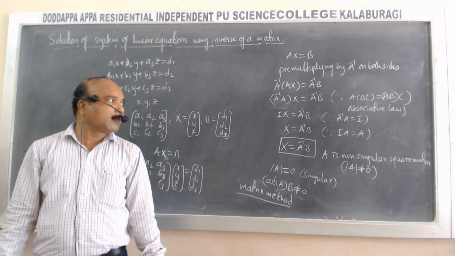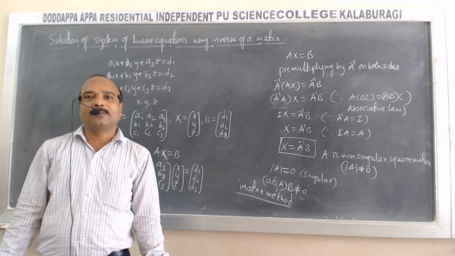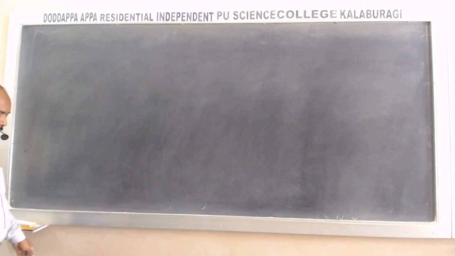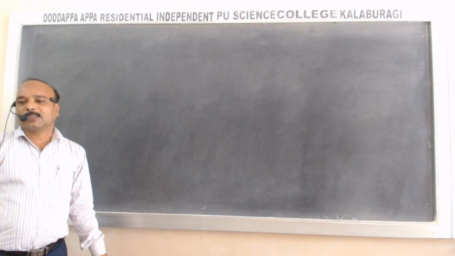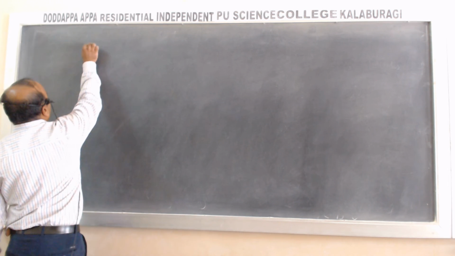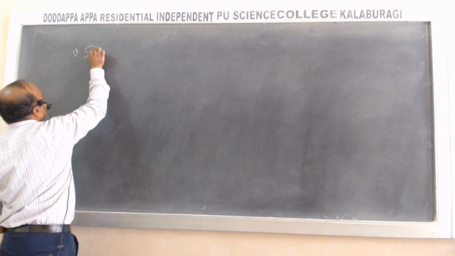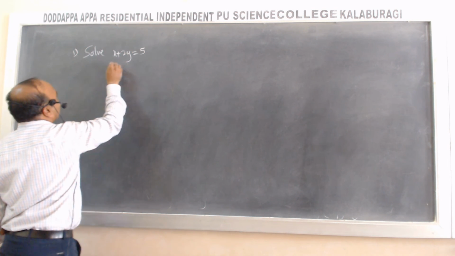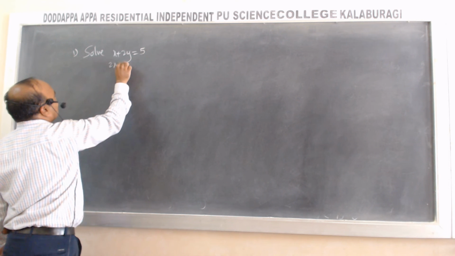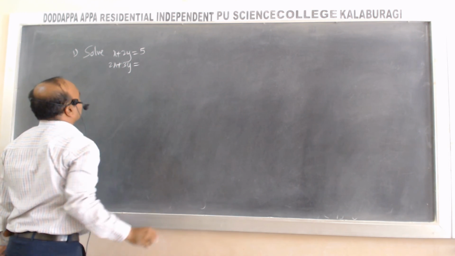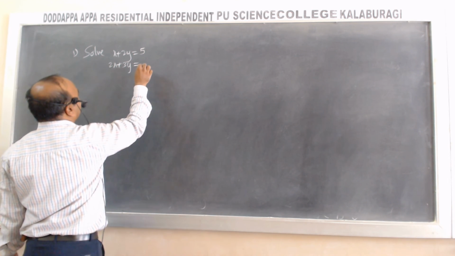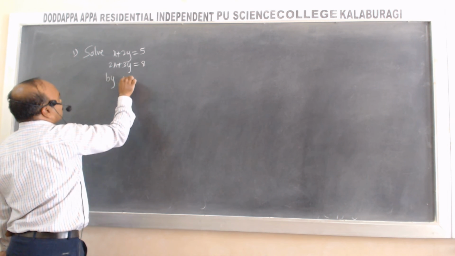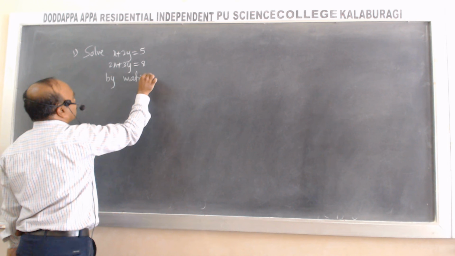Now we go for some examples on this theorem, using the matrix method. Solve the first one: solve x plus 2y equal to 5 and 2x plus 3y equal to 8 by matrix method.